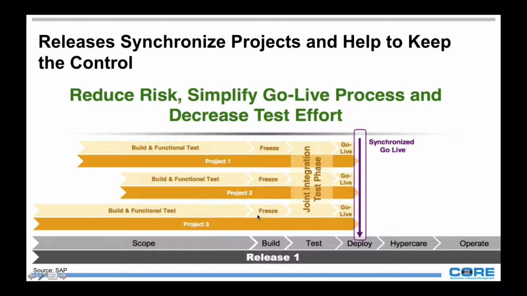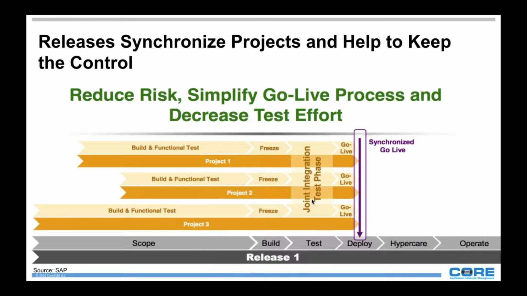And this slide, what's important to see is we have all these different projects, and when we get to the testing phase here, we say, okay guys, it's time we scope the project, everybody has developed, but now it's time for testing.